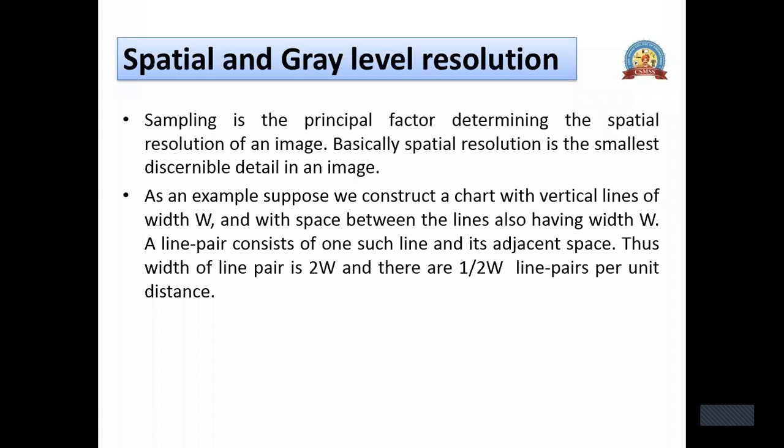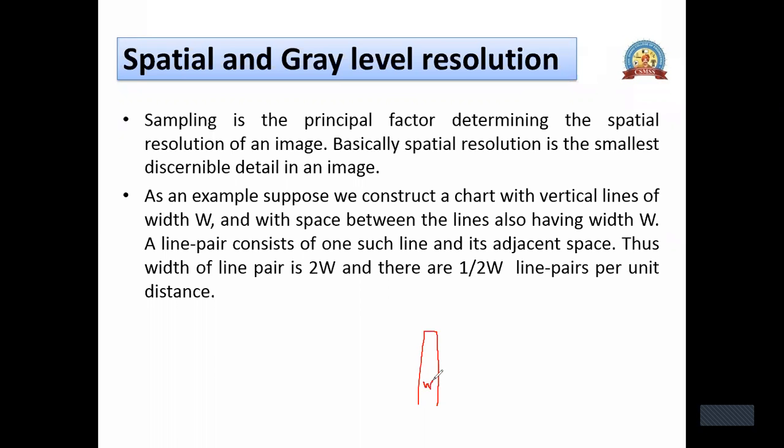Let's say we are using a chart that has a vertical line, a vertical bar graph. Let's say the width of this is w.